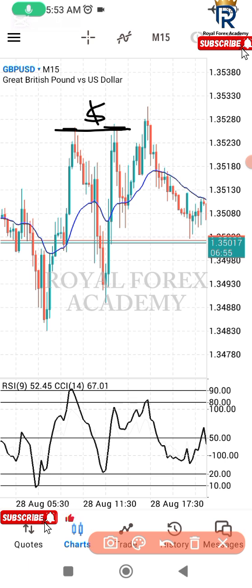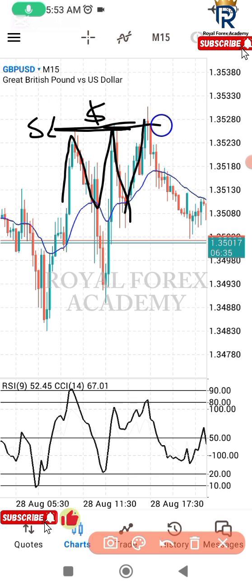Although the original intention of this price is to sell, which means that if you were trading a double top pattern, you should have sold here, and eventually you have your stop loss here. So what happened next is that this point that pushed to the upside would have eventually taken you out. So by using the moving average, EMA 20 will be one of your escape routes from price manipulation.